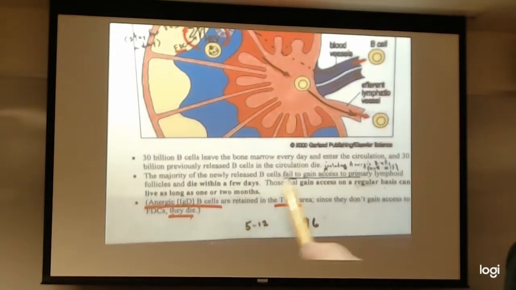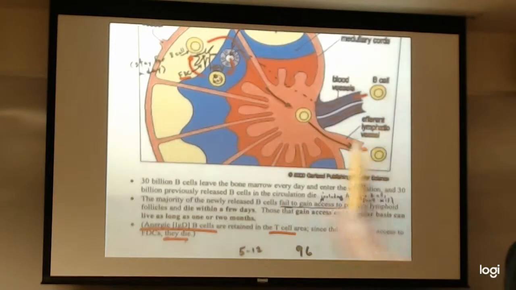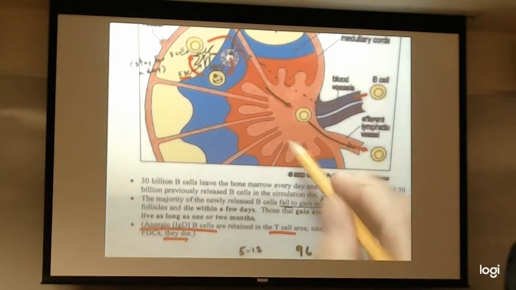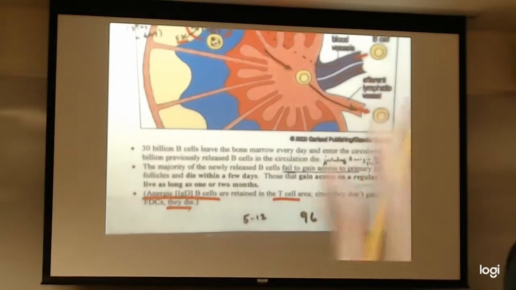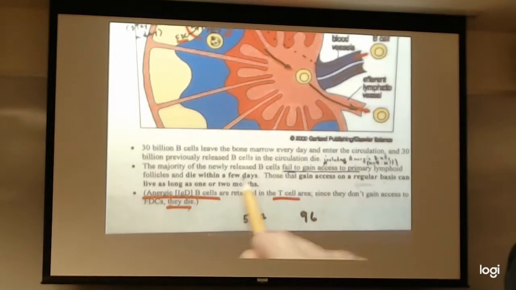Okay. But most of the cells that emerge from the bone marrow and are not anti-self, they have IgM and IgD on their surface. They do gain access, and they can then go ahead and live for as long as 1 or 2 months.